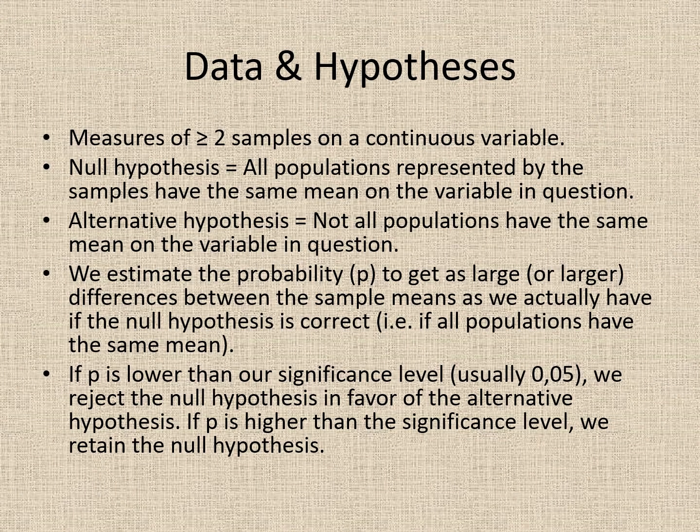So we have measures of 2 or more samples on a continuous variable. So people belong to one of several groups, 2 or more groups. And they have a value on a continuous variable. Because what we're going to do here is that we compare means between the samples. Is there any difference in the mean between the samples?